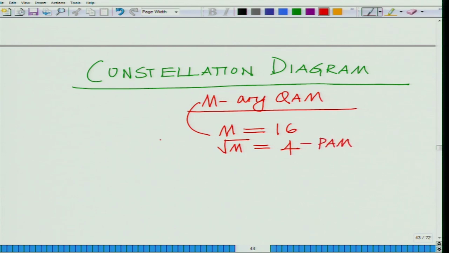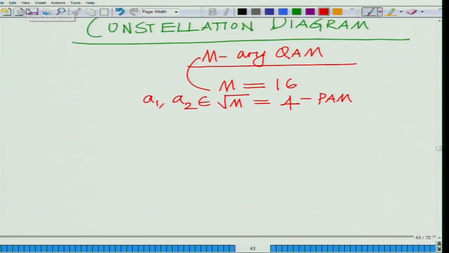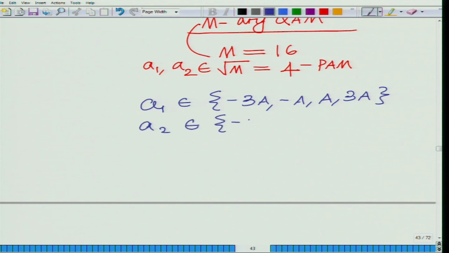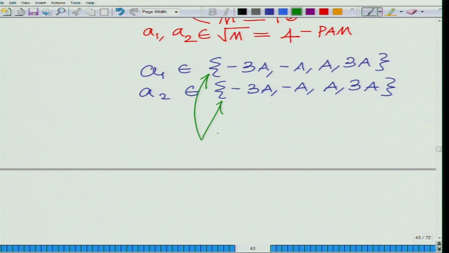So, A1, A2 belong to a square root of 16, that is 4 PAM. So, basically A1 belongs to the set of 4 levels minus 3A, minus A, A, 3A. A2 also belongs to minus 3A, minus A, A, 3A. So, these are the levels corresponding to the 4 PAM or the square root of 16 PAM.